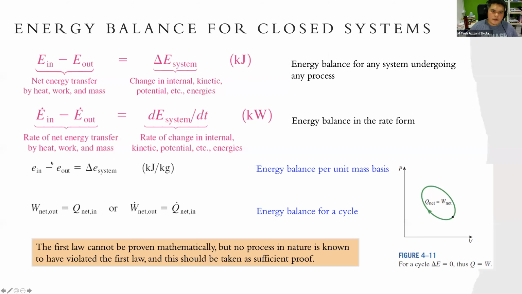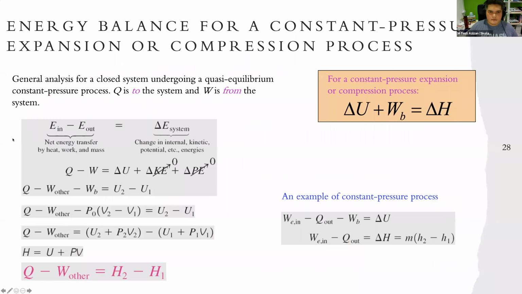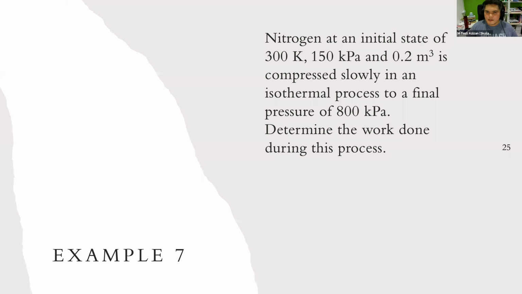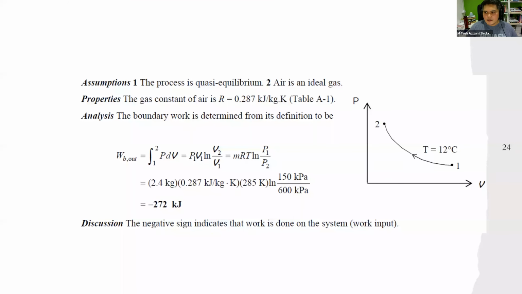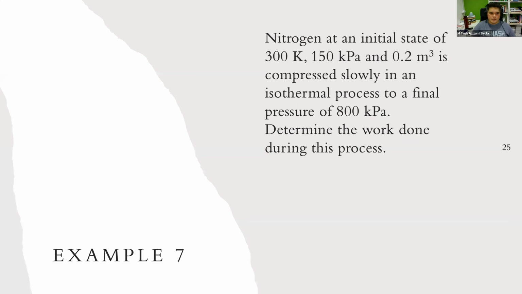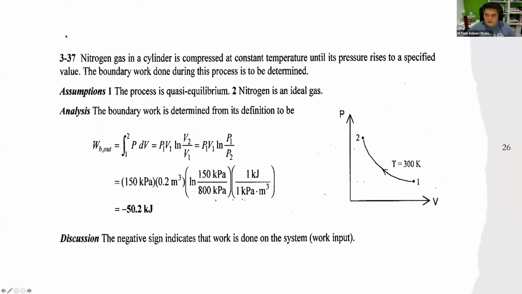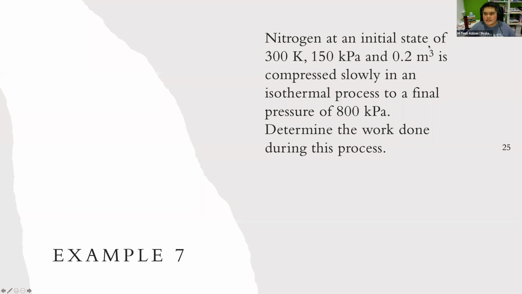So let's have a look at another example. Example 6 we have covered. Now let's have a look at example 7. You are given nitrogen at an initial state of 300 Kelvin, 150 kilopascal, and 0.2 meter cube, compressed slowly in an isothermal process to a final pressure of 800 kilopascal. Determine the work done during this process.